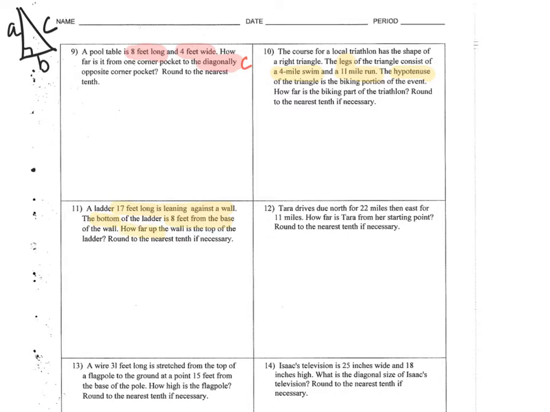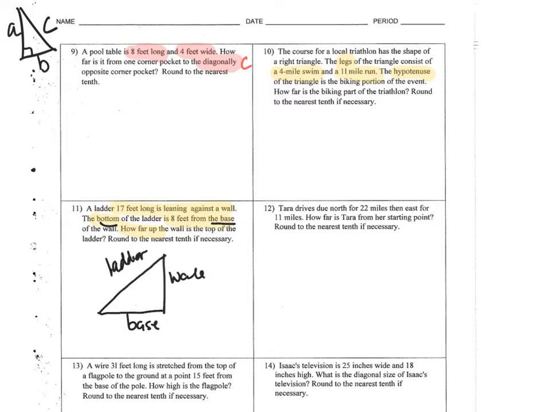So you have a ladder that's leaning against a wall. Here's your wall. Here's your ladder. And here's the distance from the bottom of the ladder to the base. Okay? Ladder, base, wall.